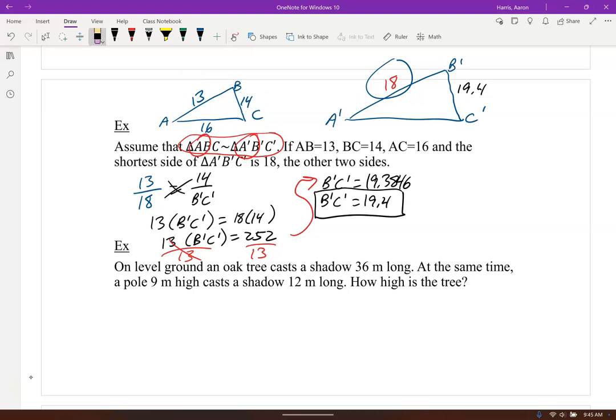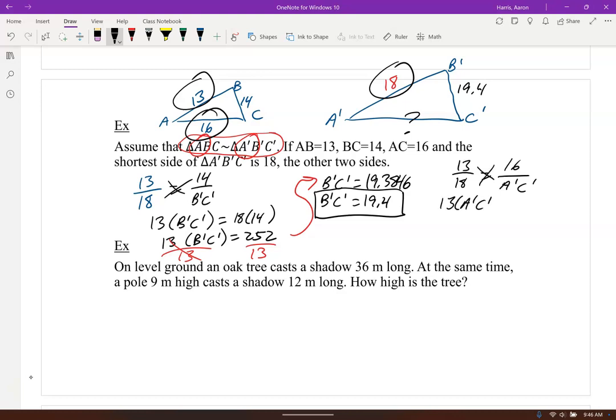Now let's do the rest of these. So again, the proportion we're setting up is 13 is to 18 as 16 is to A prime, C prime. Again, cross multiply: 13 times A prime, C prime equals 18 times 16. Well, 18 times 16 is 288.